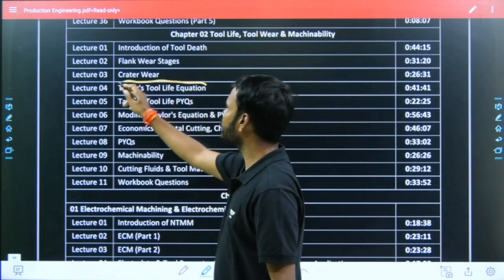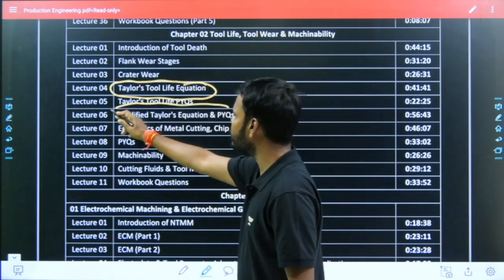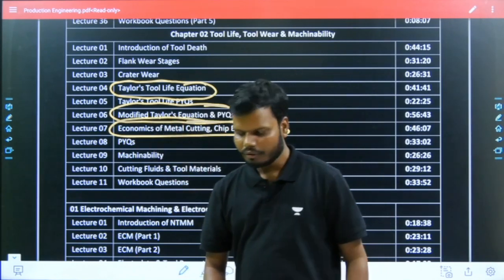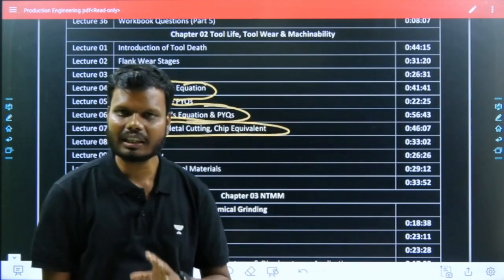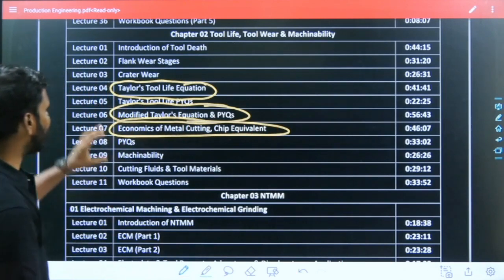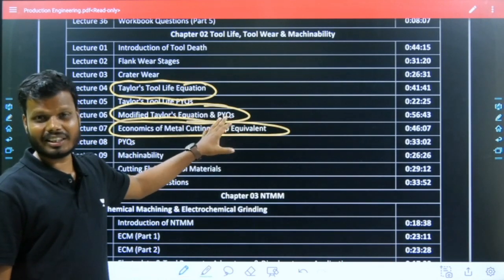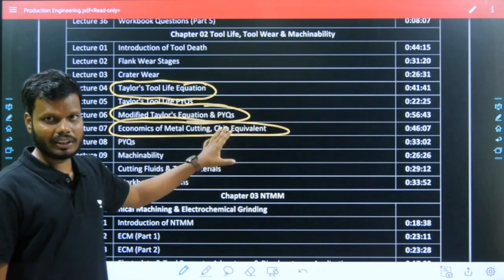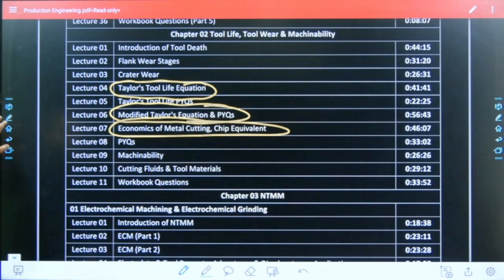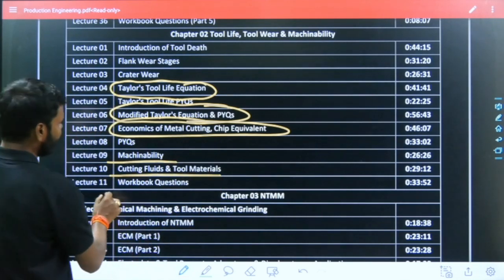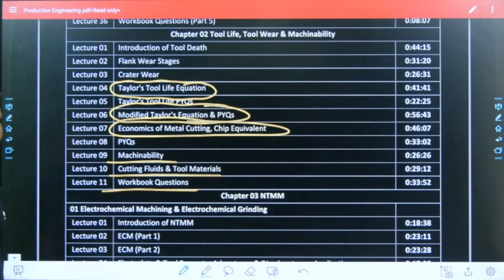Taylor's tool life equation, modified Taylor's tool life equation and economics of metal cutting are also very, very important for the GATE exam. In upcoming GATE examinations, Taylor's tool life equation is also asked. See carefully. Next one is machinability concept, cutting fluid and tool materials, and the last one is workbook questions.